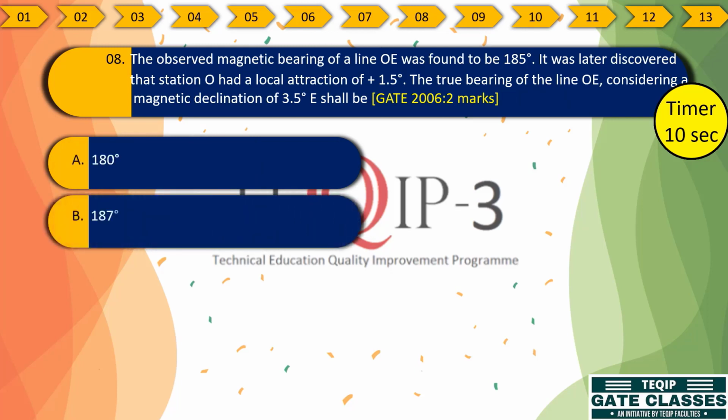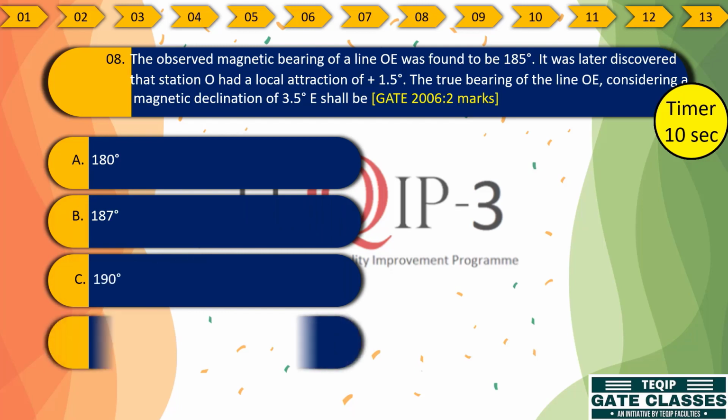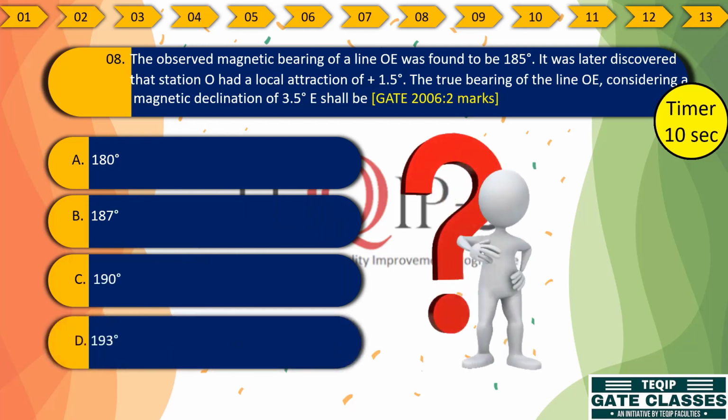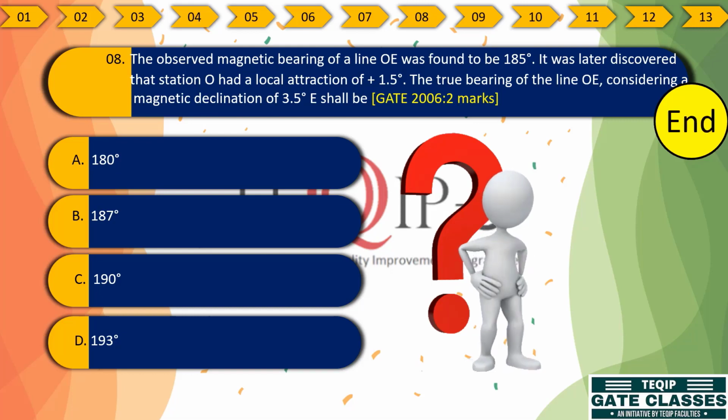The true bearing of line OE, considering a magnetic declination of 3.5 degree, shall be. The options are given here. So this question is from the compass survey. So your time starts now to solve this question. This question comes in GATE 2006, which carried 2 marks. So very simple question, only apply the concept.